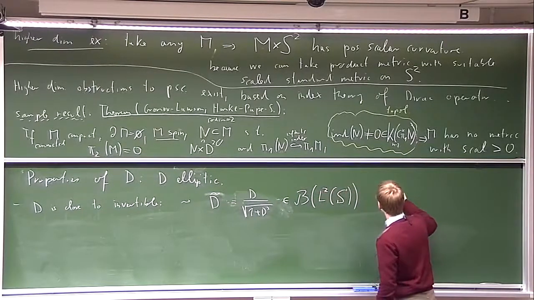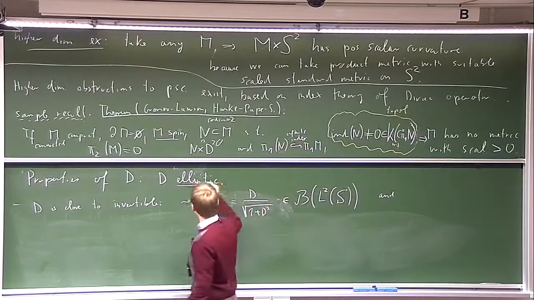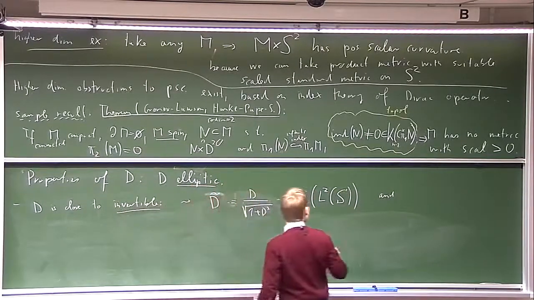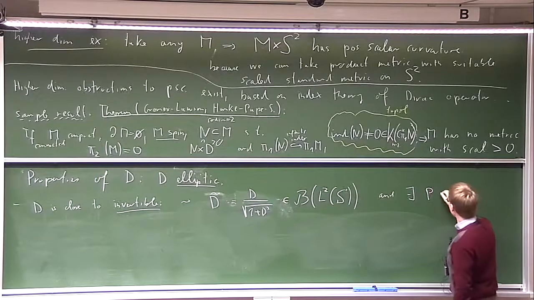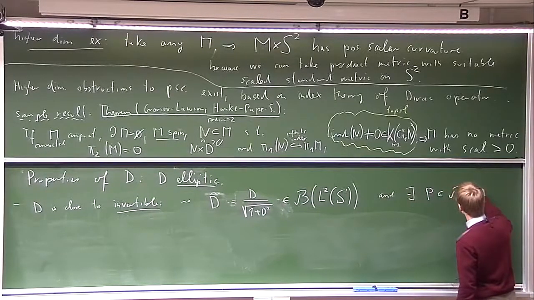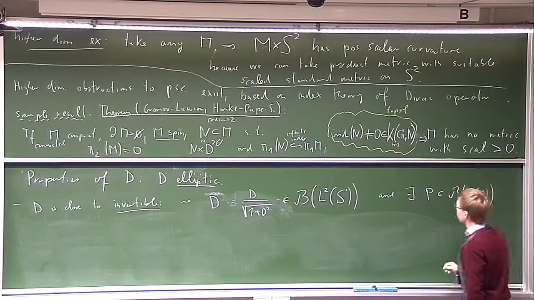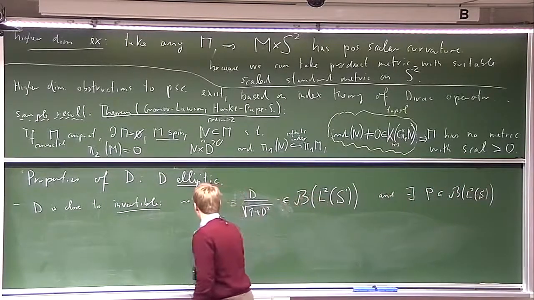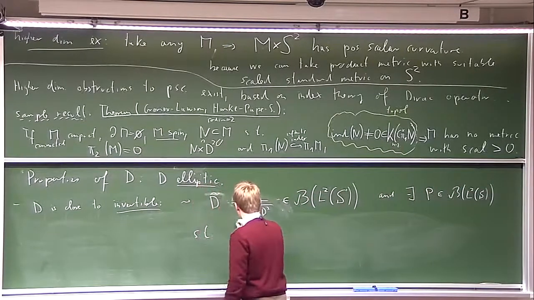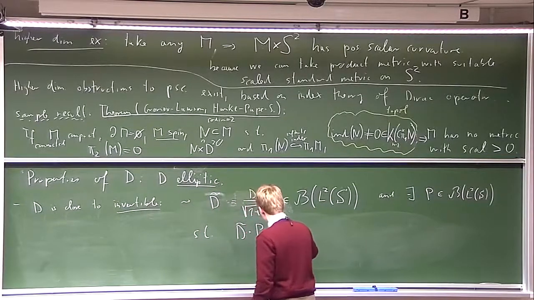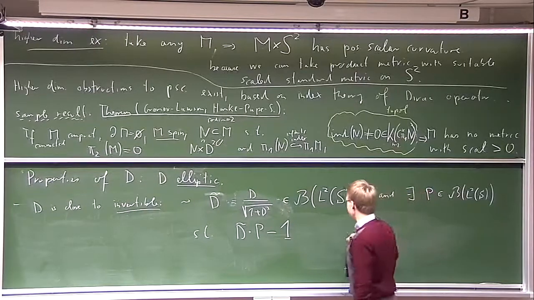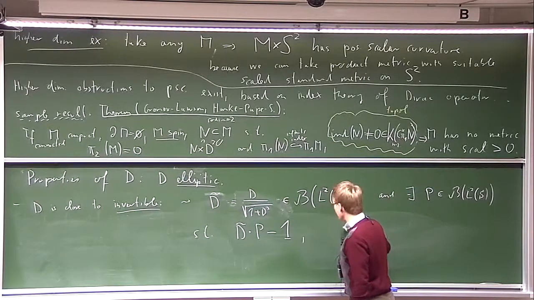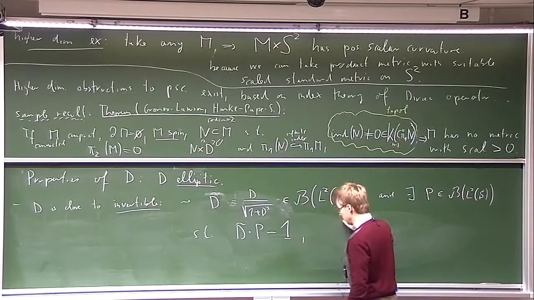And there exists, so that's the ellipticity condition, this almost invertibility, another bounded operator P such that, well, invertibility would mean the compositions of the operators D tilde and its inverse P are equal to 1, right?